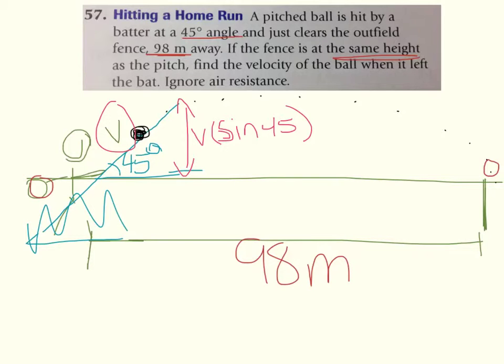And then the horizontal velocity will be this whole velocity at a 45-degree angle times the cosine of 45. If we find this, both are equal to the velocity times 0.707 approximately, since the sine of 45 and the cosine of 45 both equal 0.707. So that's going to be our value for both of these.